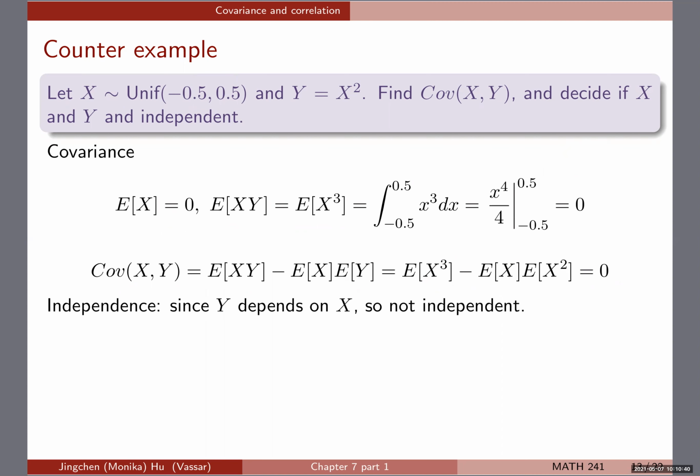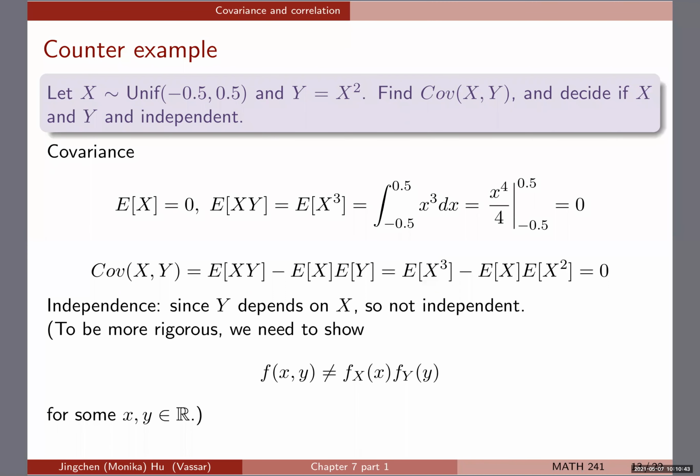More formally, we need to show that the joint is not the product of the marginals, but this is a little bit hard to show in this case, so it's totally okay if you recognize that y equals x squared. It's hard because we would need to know the joint first, and I don't think it's given to us. We know each marginal, but like I said, y equals x squared, so you know that they're not independent. It just happens that the covariance is 0. So this is the counterexample of what we're saying.